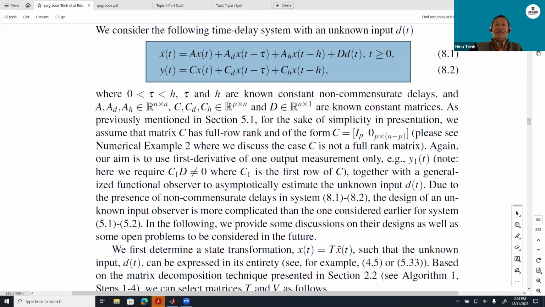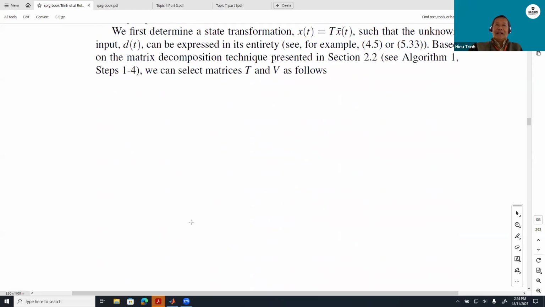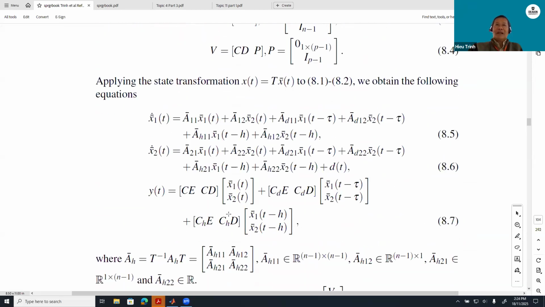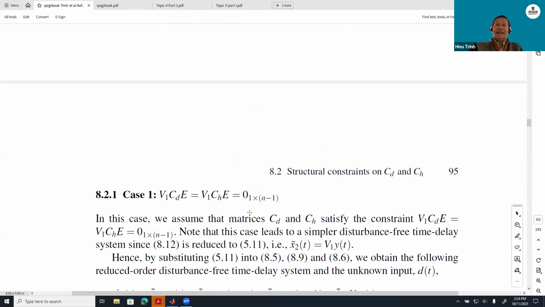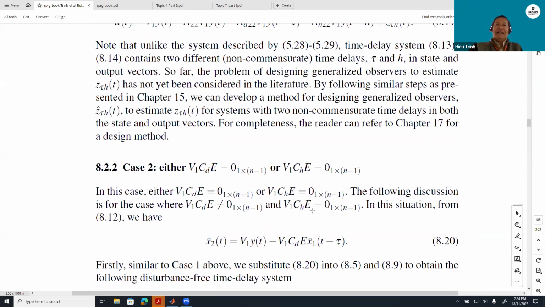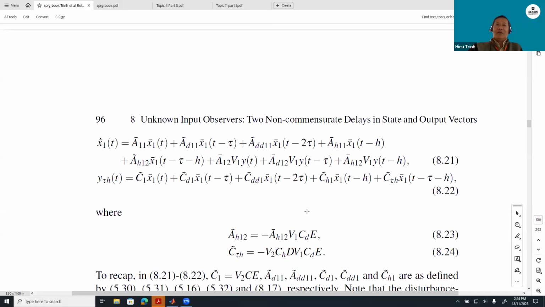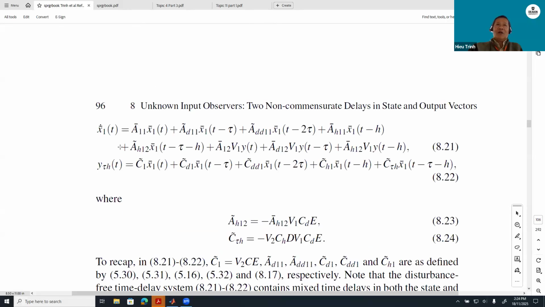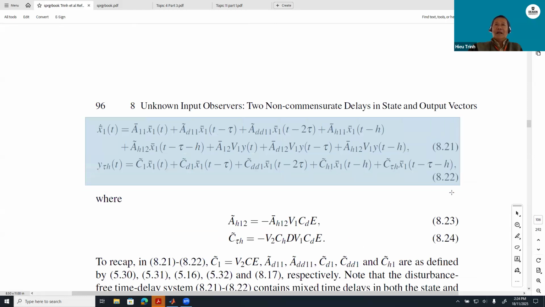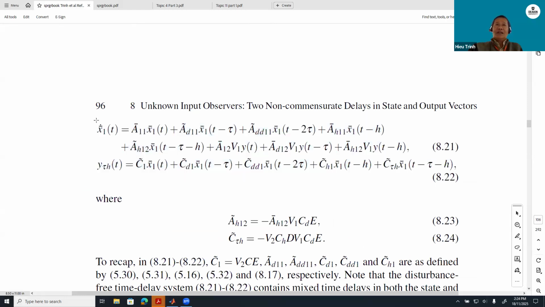It's going to be very complex in some cases, and that's what we're going to discuss in the next few presentations. Just a headline, for example, when we do the decomposition for some constraints, we also arrive at a reduced order time delay system with multiple delays and mixed delays in there. And so that opens a lot of open problems for future investigation.